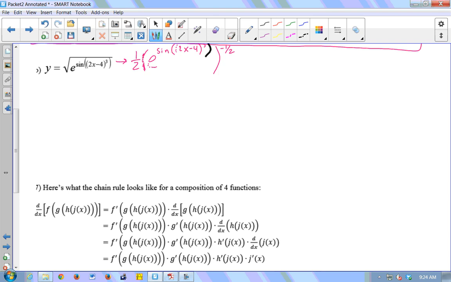Right, so that I applied my power rule. So I just had a bunch of stuff to the 1/2. I brought the 1/2 down and made the exponent 1 smaller. But then I have to multiply by the derivative of the inside, d dx of all this stuff. So I need the times the derivative of e to the sine of 2x minus 4 cubed.